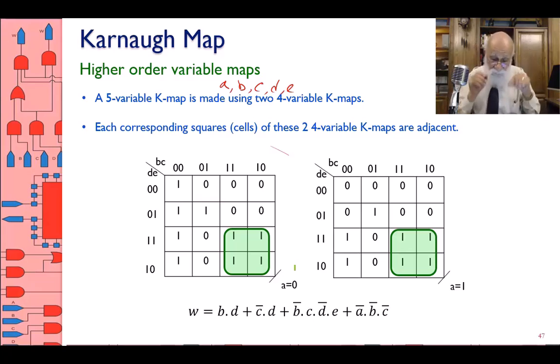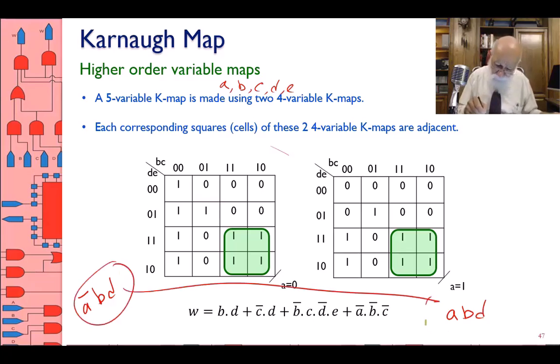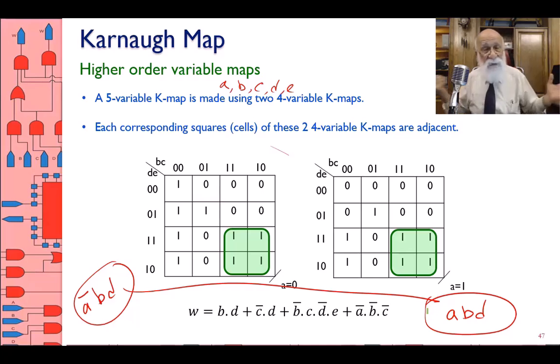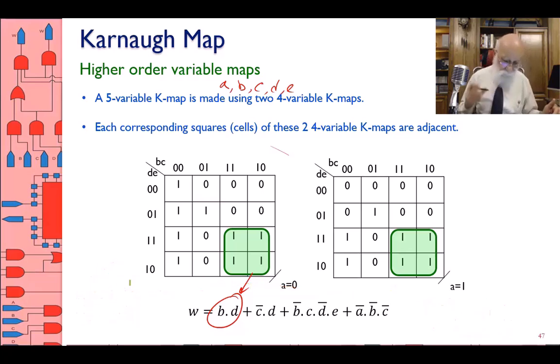And therefore, instead of writing these 2 individual ones, I say, well, the one on the left is A bar, B, D. The one on the right is A, B, D. And then these 2, like I said, are adjacent. Since they are adjacent, A drops because they are in 2 maps. One is A0, one is A1, and therefore this becomes just plain BD. All right? So that's one.